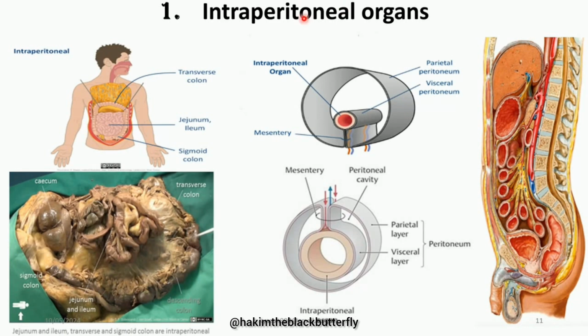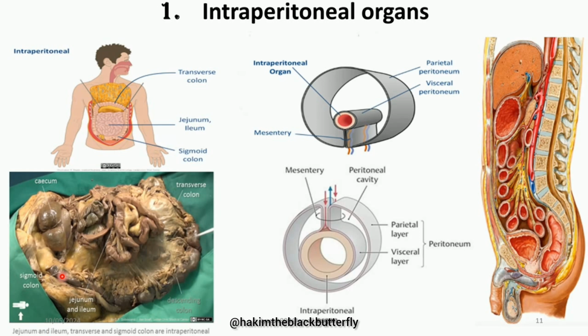Okay, so those are the intraperitoneal structures. Examples, we've mentioned the jejunum and the ileum. The sigmoid colon is also an intraperitoneal structure because we are going to later see that there is a connective tissue that will help it to be suspended from the posterior abdominal wall.